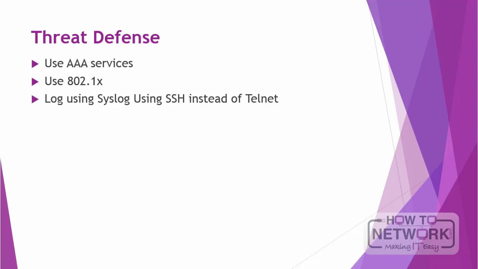This is a protocol used by Cisco IDS and IPS sensors to send information to the management stations. Using SSH instead of Telnet to avoid any management traffic crossing the network in clear text. Using secure versions of management protocols such as SNMP version 3, NTP version 3, and SFTP.